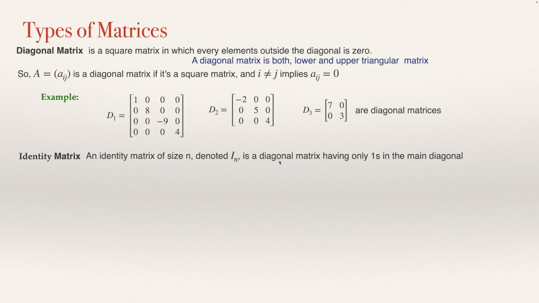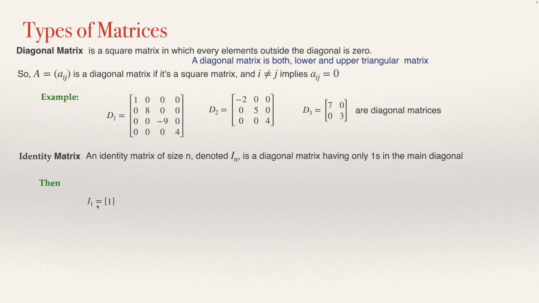Since it is a diagonal matrix, it is a square matrix. And we say n, only one number for the size, because this is a square matrix. We don't need to say two numbers. The number of columns and the number of rows will be the same. So we can say just one number for the size, and that will be the number of rows or the number of columns.